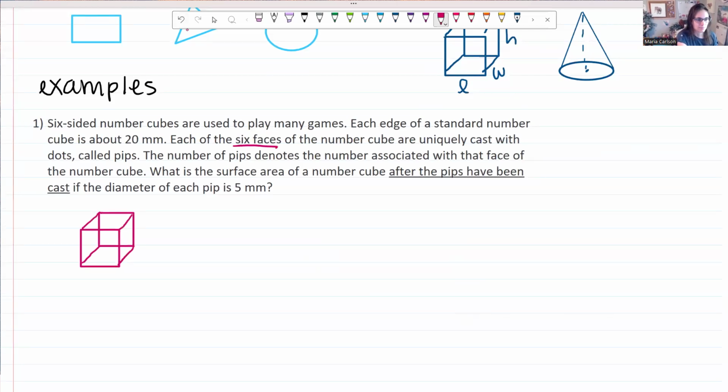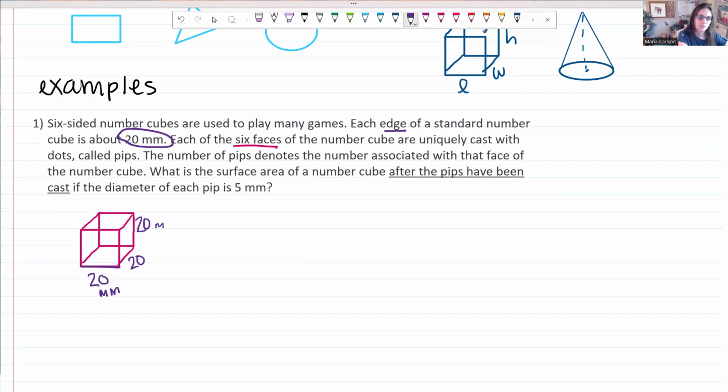So you know that this side maybe has two dots on it, one dot on this one, three on this one, but there are six faces overall. Also, something I skipped over, which I meant to draw on this diagram: each edge of the standard number cube is about 20 millimeters. So the edge is the side length where any two faces meet. So this is 20 millimeters, this is 20 millimeters, this is 20 millimeters.